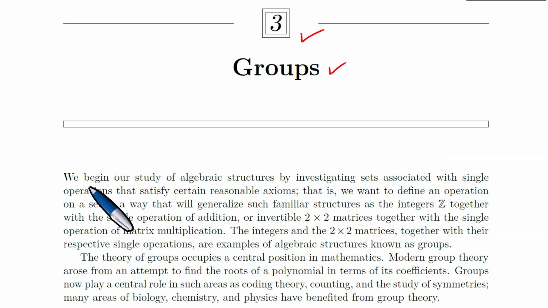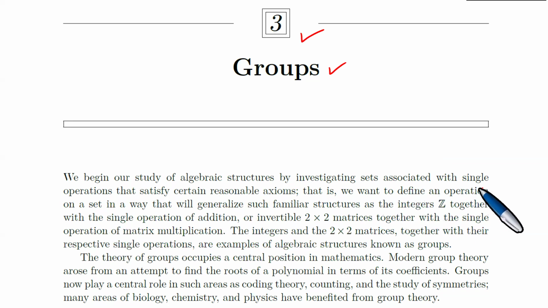We note that we begin our study of algebraic structures by investigating sets associated with single operations that satisfy certain reasonable axioms. That is, we want to define an operation on a set.